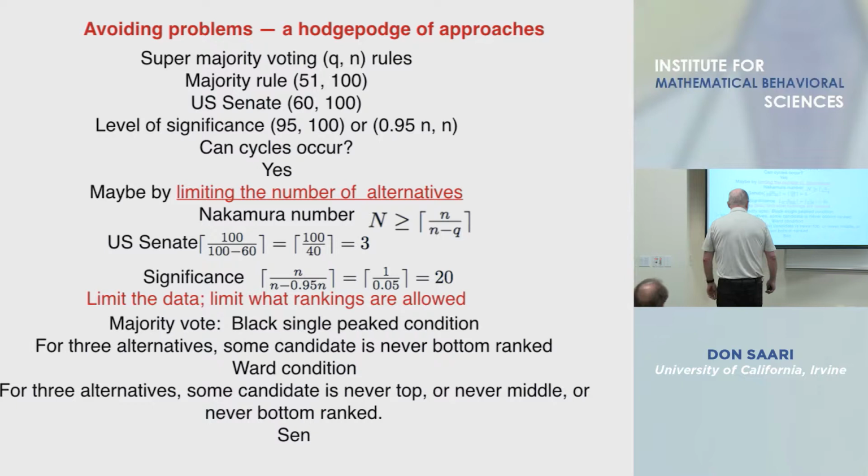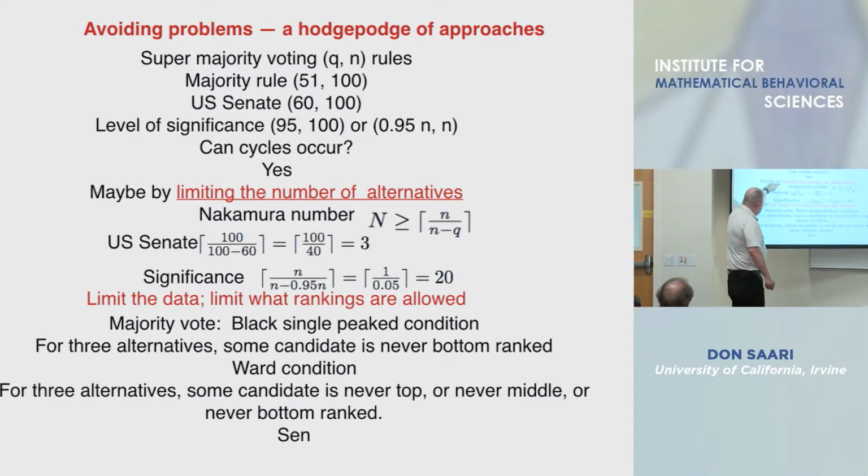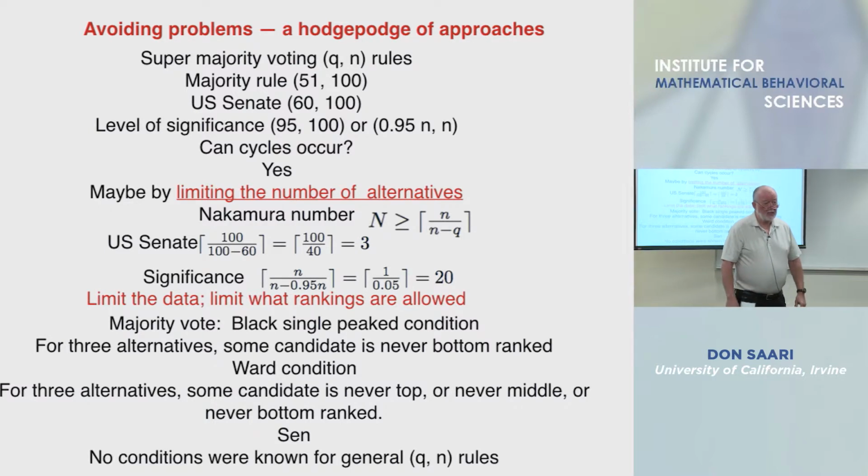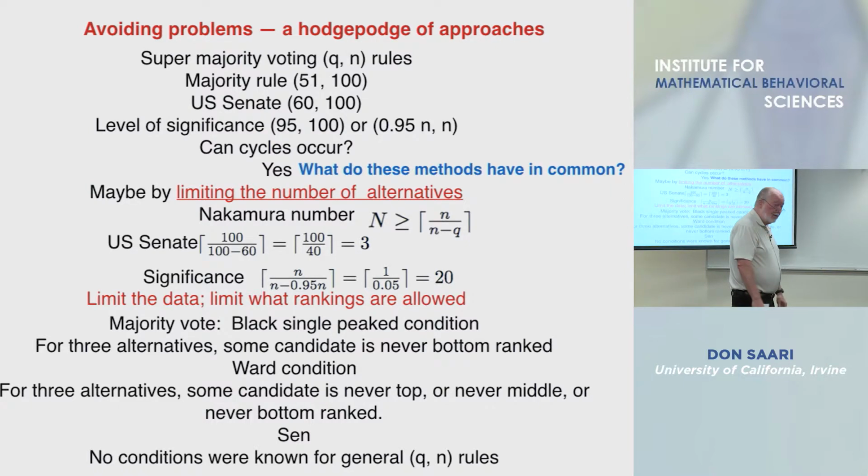Now, the question I want to ask you: we have this and we have this. Both are widely used methods. What do they have in common? Is there anything in common? Is there a common story that will explain both of these? And that's where symmetry comes in.